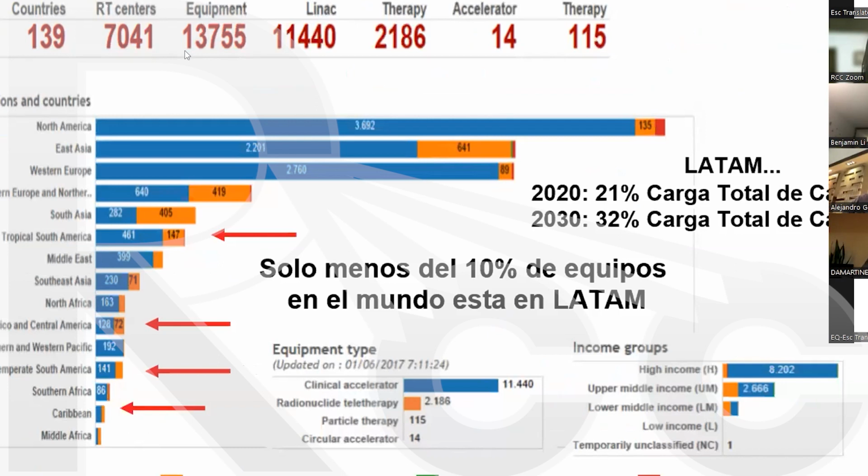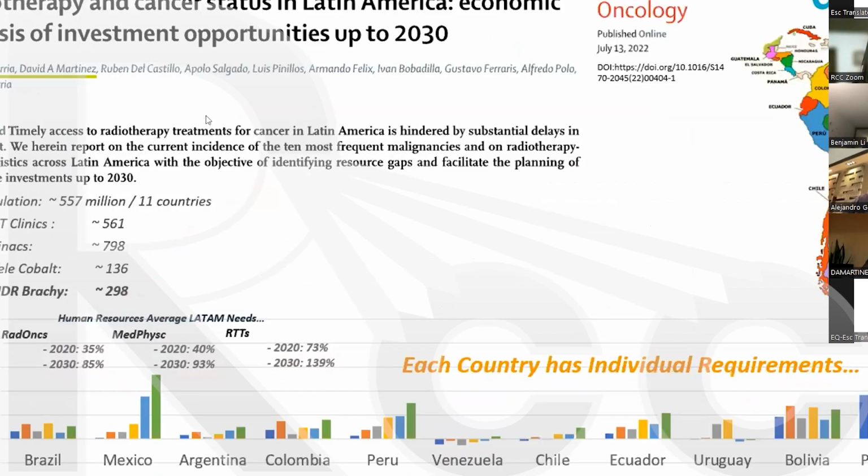To begin with, it's important to understand where we are. We know that for 2020, around 21% of the world's cancer load is in Latin America, and this is going to be 32% around 2030. But the installed capacity in terms of machines only represents 10% of the total machines in the world.